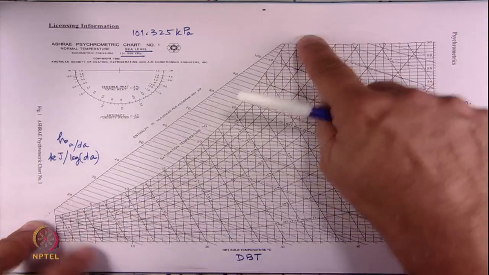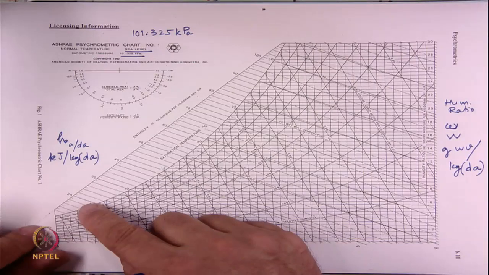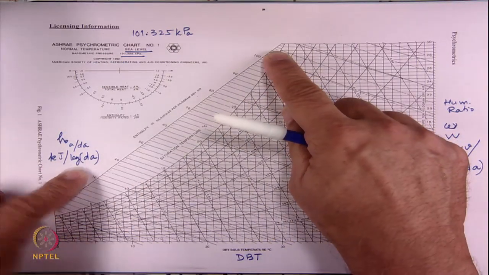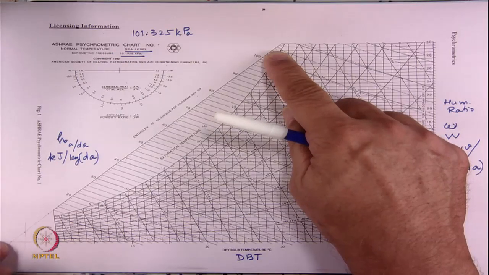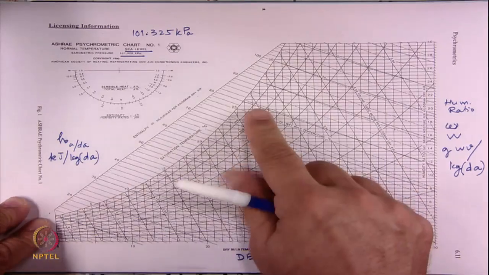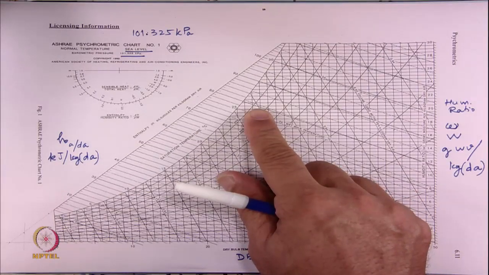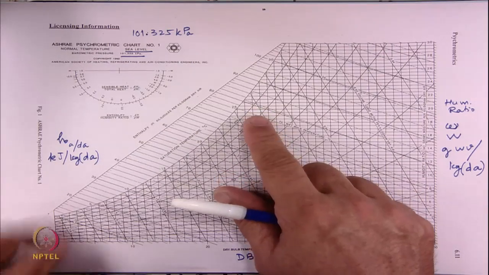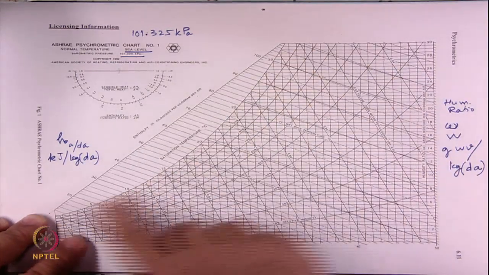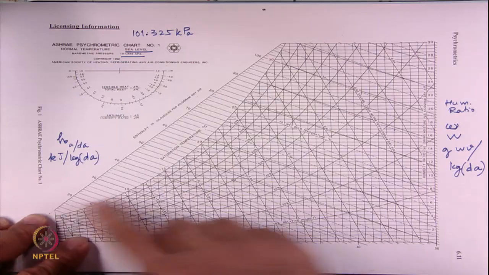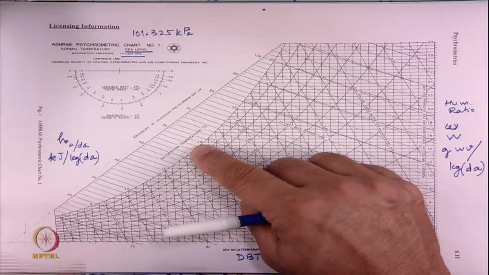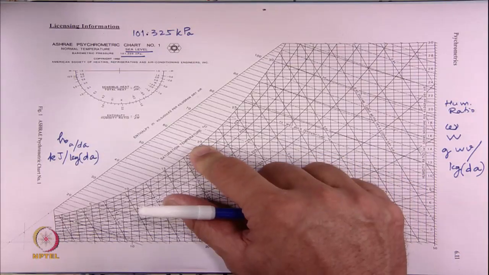Specific enthalpy is of the order of, like here it is 20, 30 going to 100 kilojoules per kg of dry air, depending on whatever was the zero state that was used. Numbers will be of the same order, maybe off consistently by 10 or 20, something like that. This is the line of 100% humidity and also is the line of saturated air. So, this also tells you the saturation temperature, which is also essentially WBT at 100% humidity.